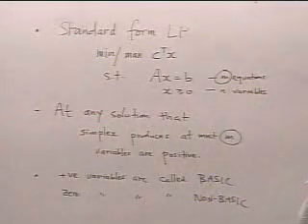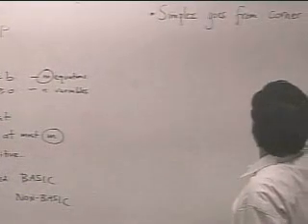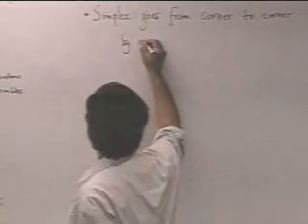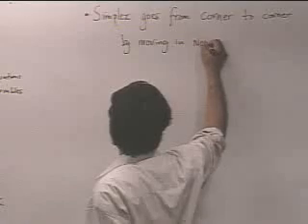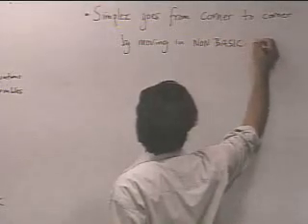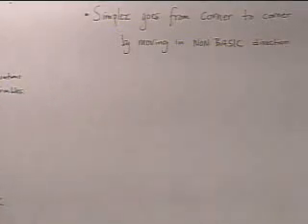Simplex goes from corner to corner by moving in non-basic directions. Some variable that is 0 at a particular point, it will try to make it non-zero and move to a new corner. What does it mean?